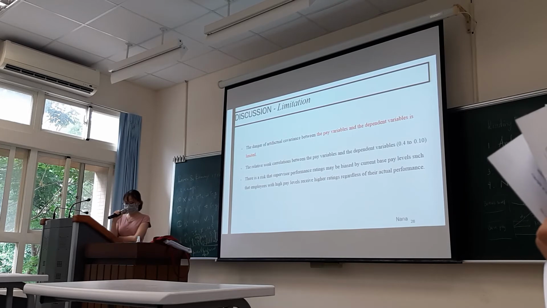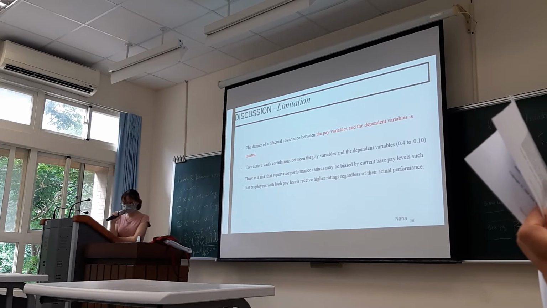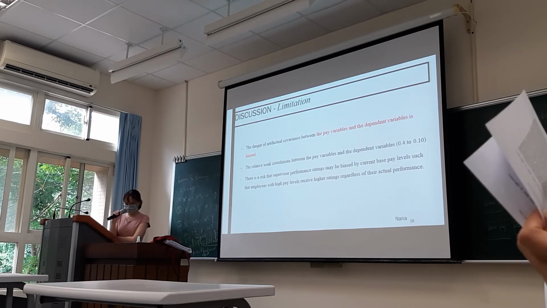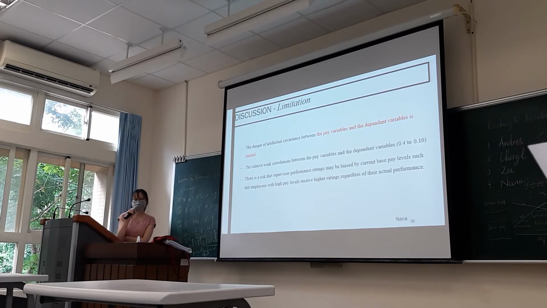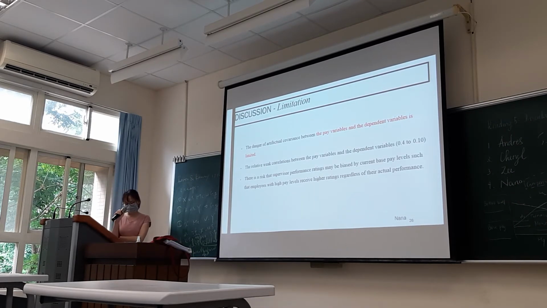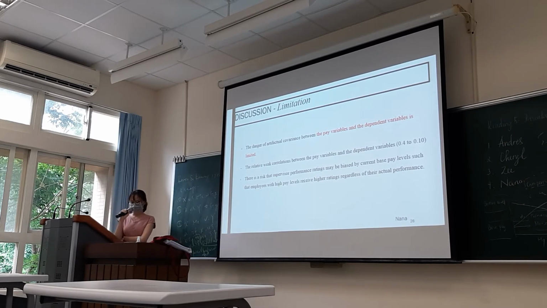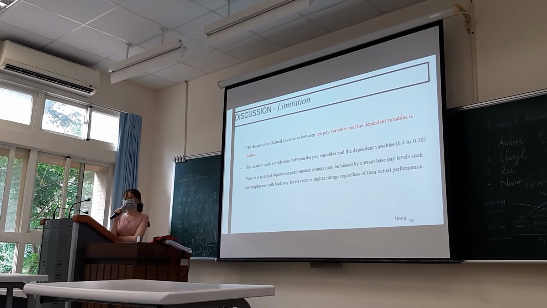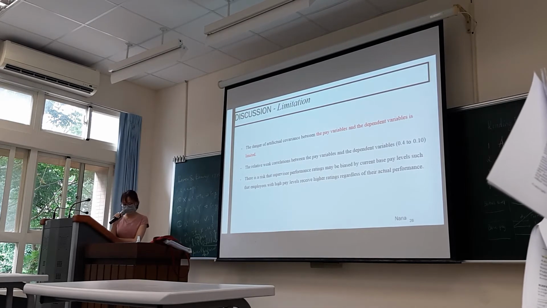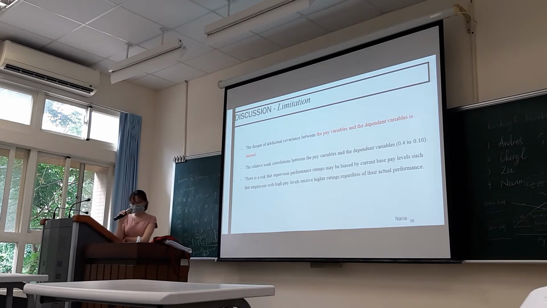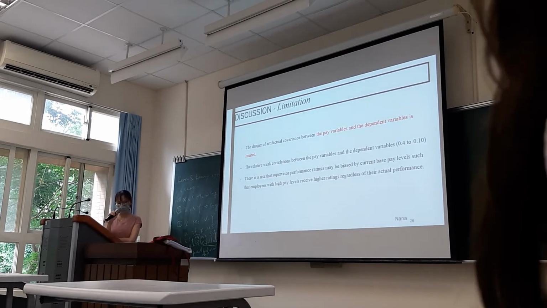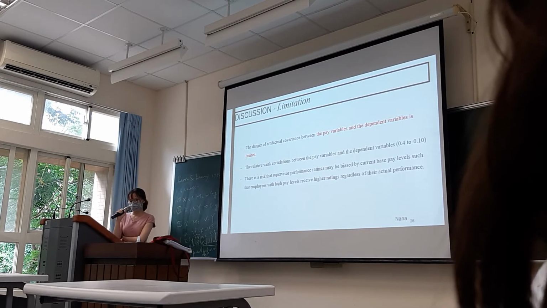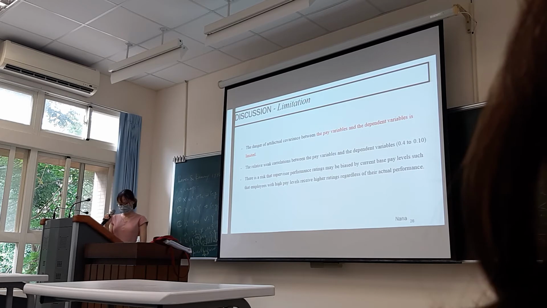This indicates that common method variance was not a serious threat in this study, and the danger of artificial correlation between the pay variable and the dependent variable is limited because the pay data represent objective characteristics.